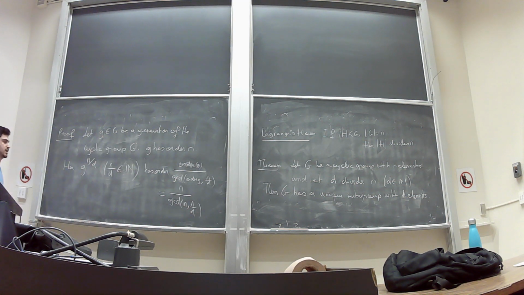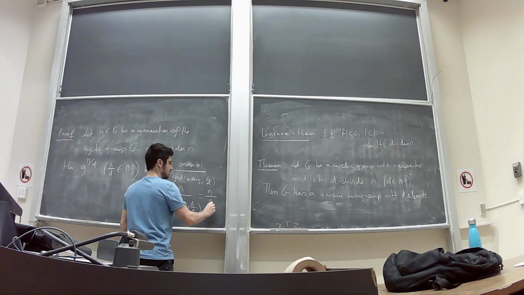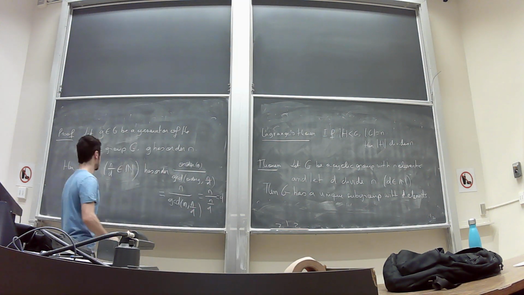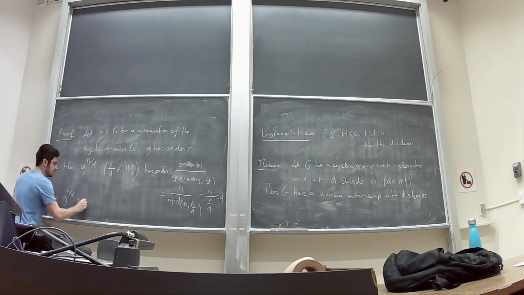Now n over d divides n, so really the GCD of n and n over d is n over d. So g to the n over d has order d.